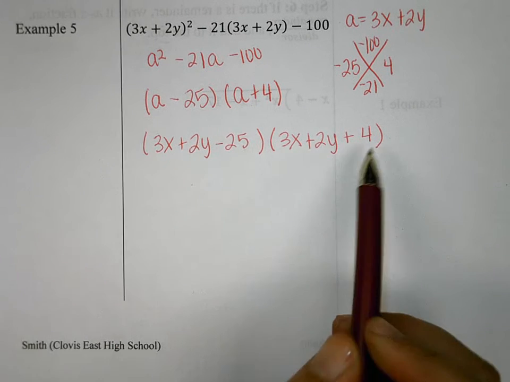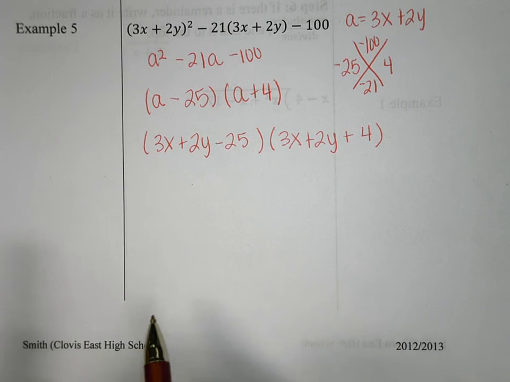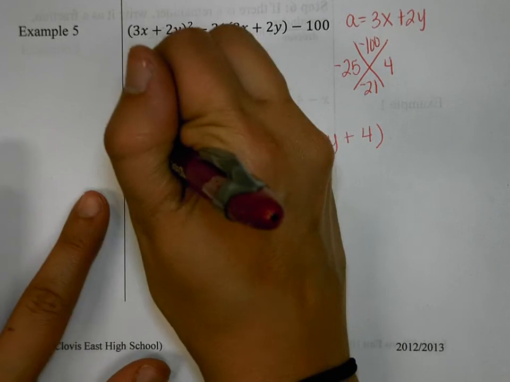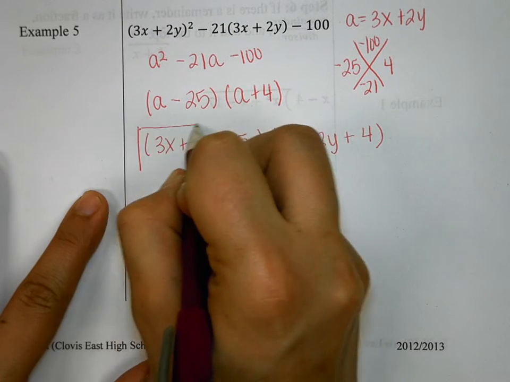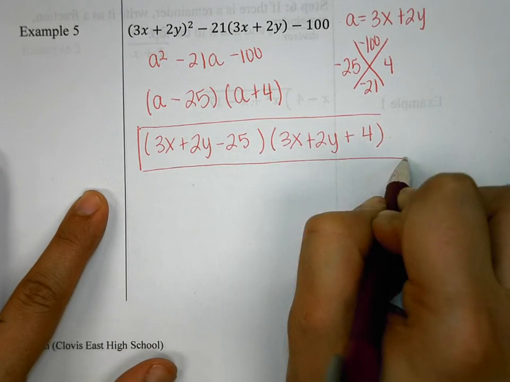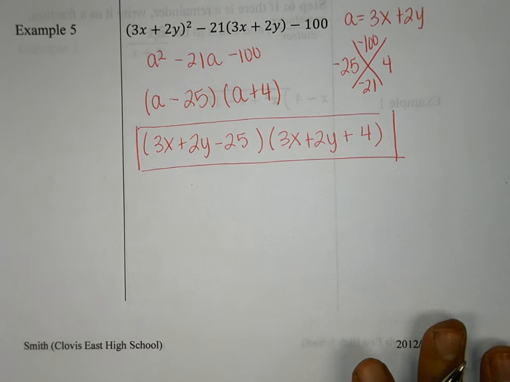Inside each parentheses, we don't have anything that we can multiply or add or combine like terms. So since our instructions are to factor, we leave it in factored form, and that is our answer.